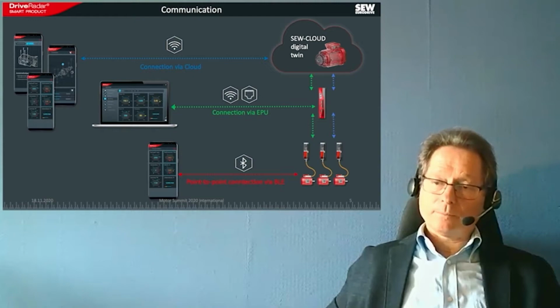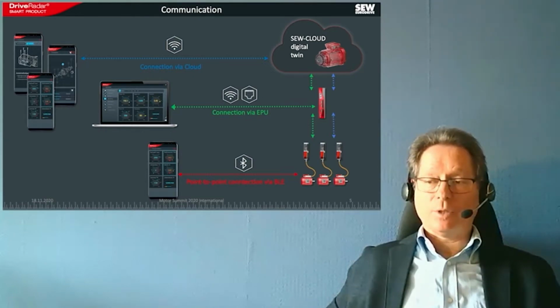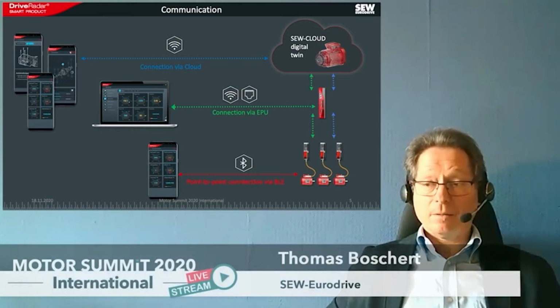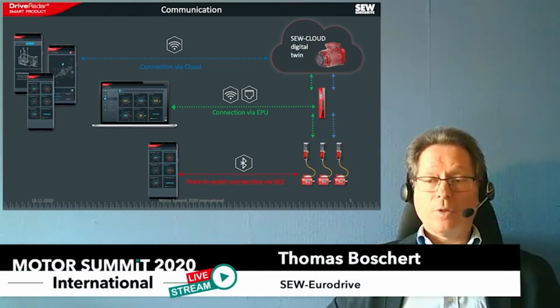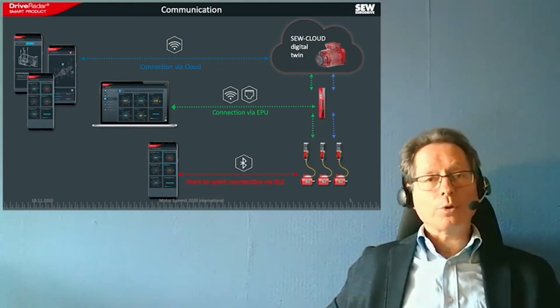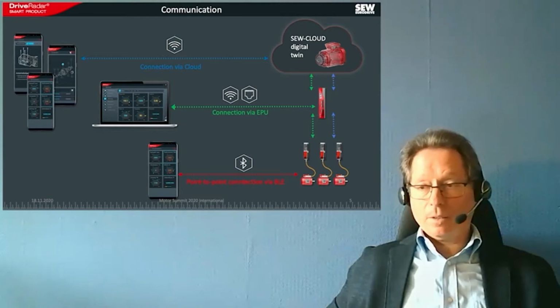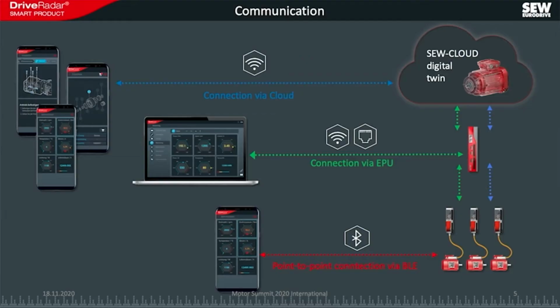The green one. The customer is connected to our edge processing unit, and via this you are connected to the cloud. The data of several motors and frequency inverters are collected, processed, and optionally sent to the cloud.